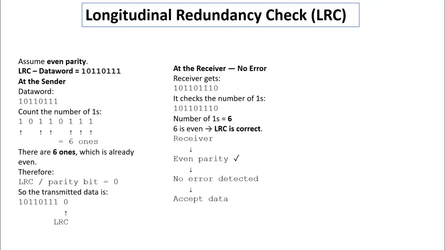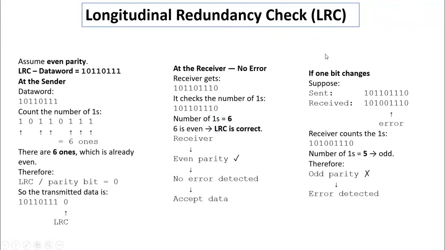Okay, so now what actually happens at the receiver end? If there is no error and the receiver gets exactly the same data sent by the sender, the number of ones is 6. LRC is correct. The receiver accepts the data. Done. What if one bit has changed? Suppose the receiver has received an error data like this: 1010011110, where the fourth bit is in error.